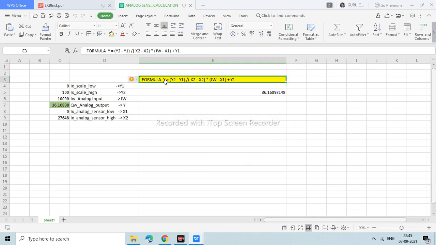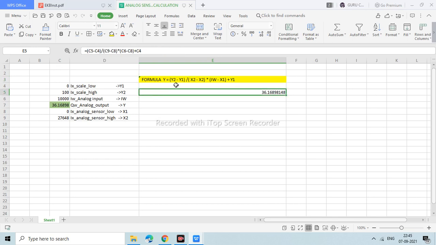This is the formula: Y = (y2 - y1) / (x2 - x1) * (analog sensor value - x1) + y1. The information related to the formula is given here, and we have put some values here. I have created the formula here, and we get the value.